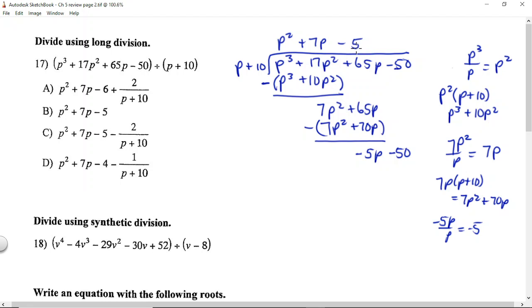And then we multiply that by our P plus 10, right? That's what you do every time. So you have, it's negative 5. Remember, that's what we wrote down. Negative 5 times P plus 10. And that equals negative 5P minus 50. So that goes under here.